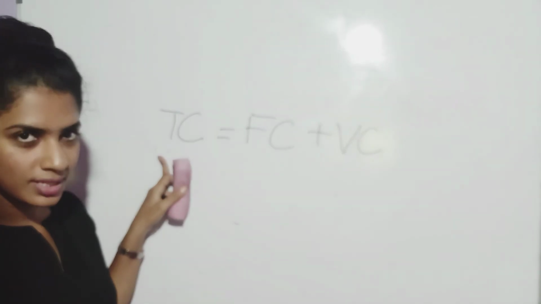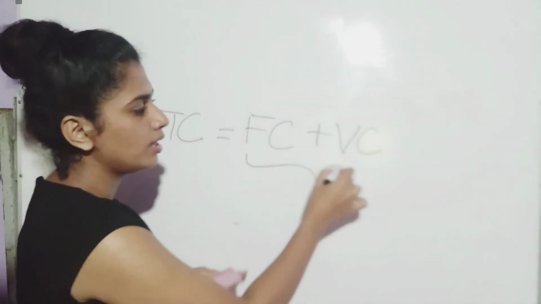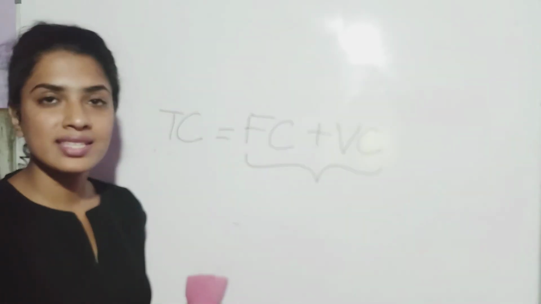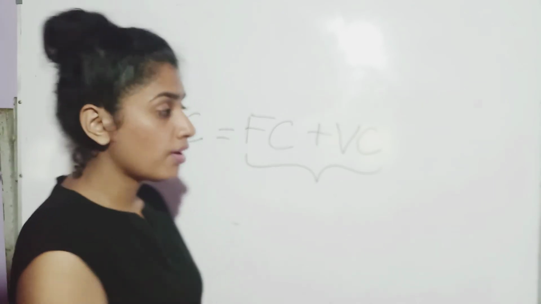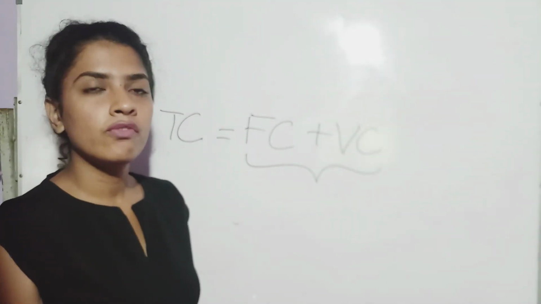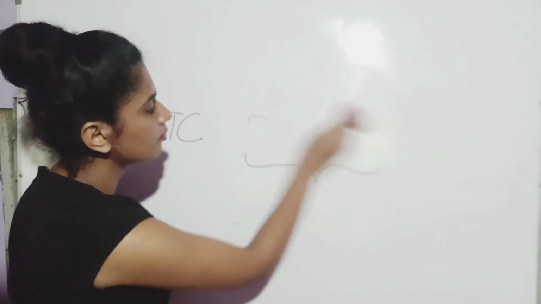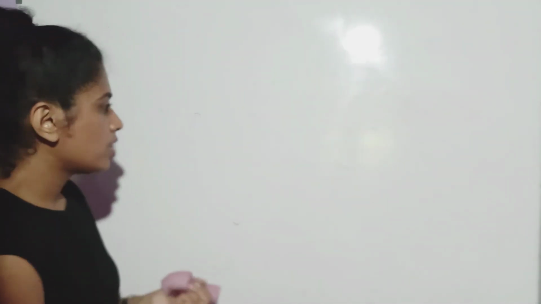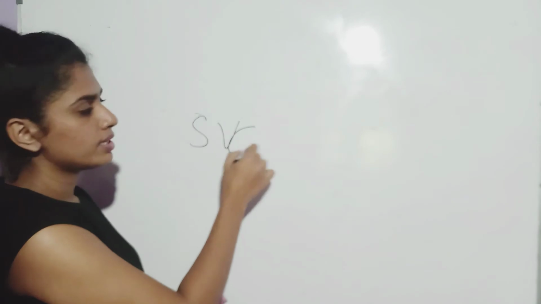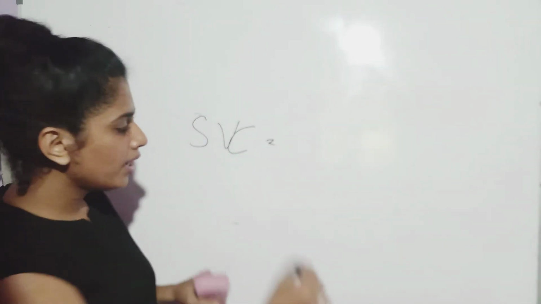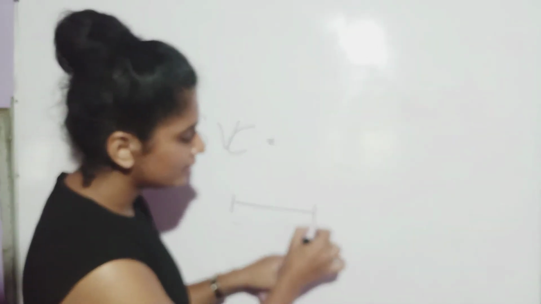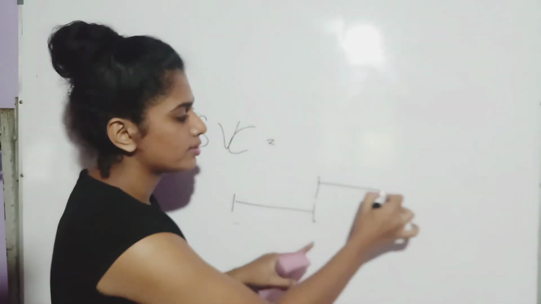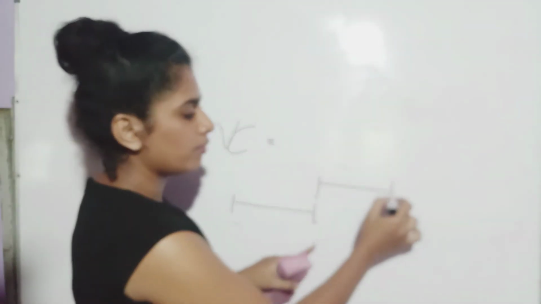So the total cost consists of basically these two types, and there is something called semi-variable cost. Here in our level we don't discuss the semi-variable cost in very much detail, but for your knowledge it will be important. Semi-variable cost: these costs remain constant for some range, and when we exceed this range it increases and again remains constant, and when we exceed this range it again increases and remains constant.